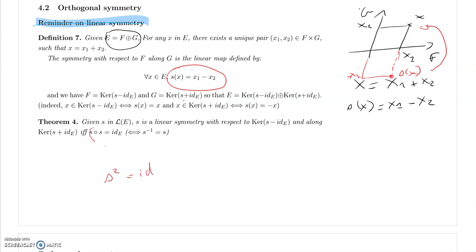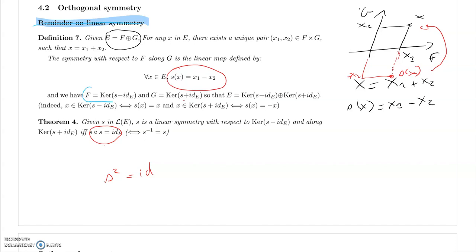That's what we get here. If you want to check that you really have a symmetry, you have to check that if you apply your linear map twice, you're back where you started, and it corresponds to a symmetry.